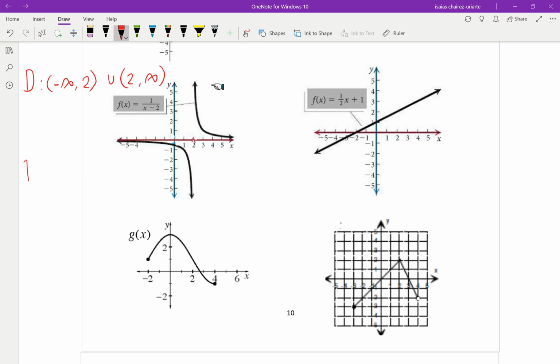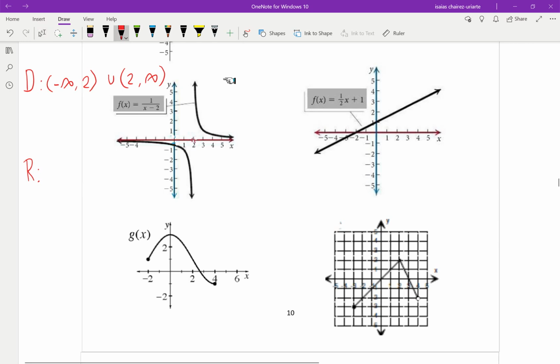What about the range of this function? So now think, how far down does my graph go? How far up does my graph go? Well, it keeps on going down forever, it looks like. It keeps on going up forever, it looks like, except that right there on the x-axis, my graph sort of broke apart. And the x-axis corresponds to the y value 0. So something similar to the domain happened in the range.